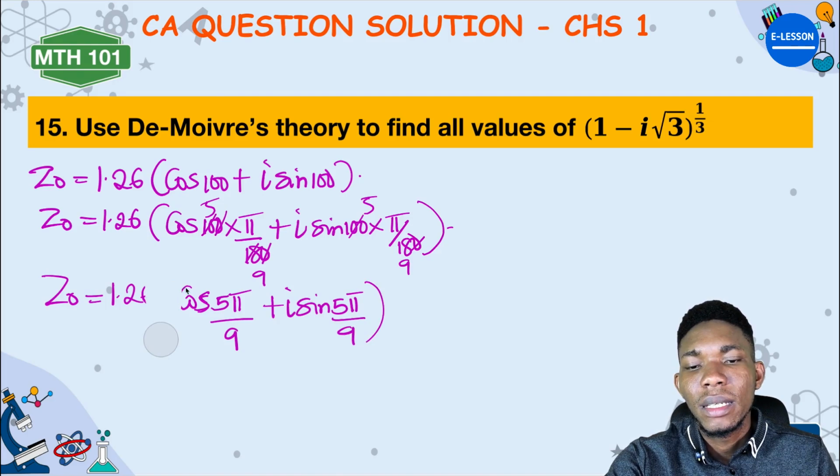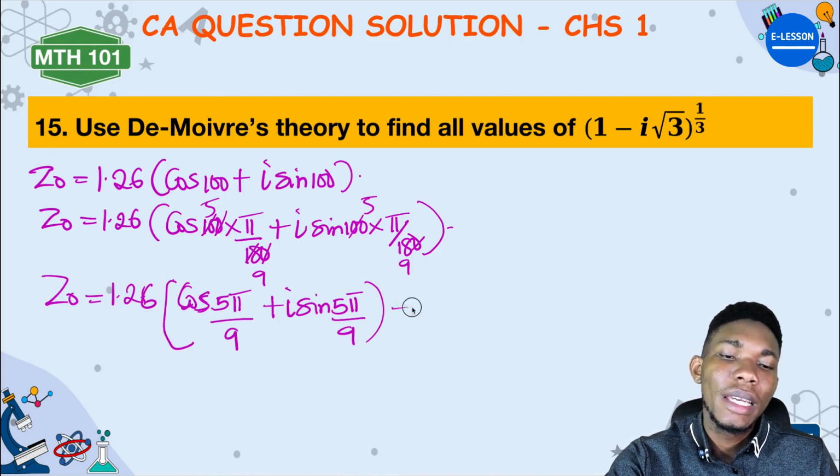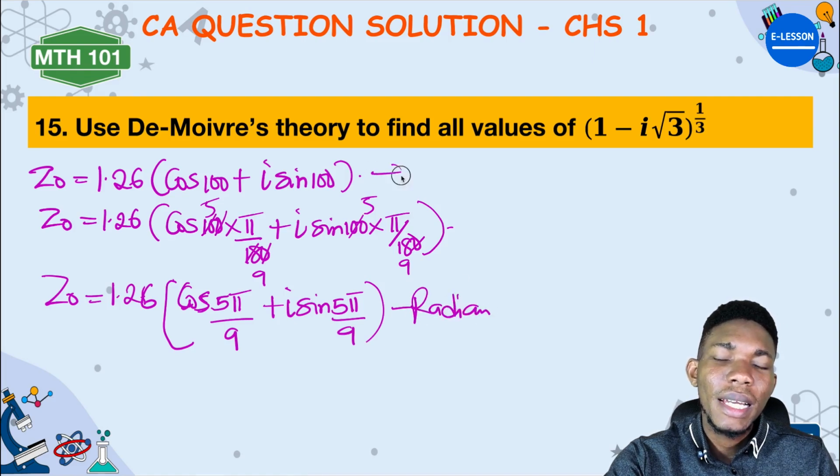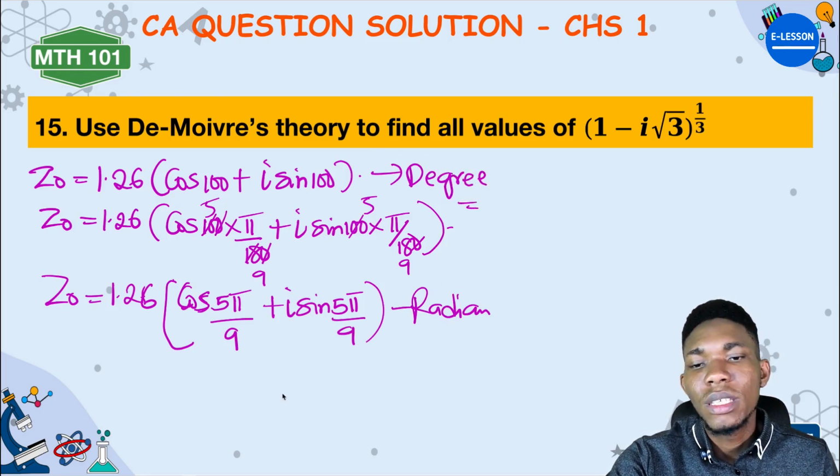And that is the answer in radians. So this is the answer in degrees, you can specify it for the first one, and this one is the one in radians.